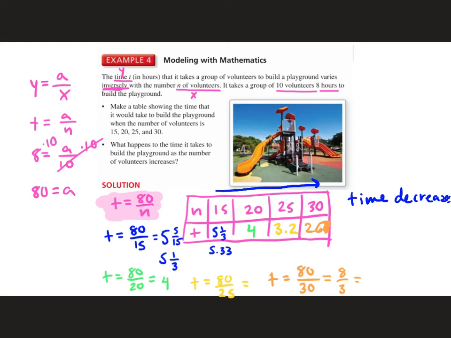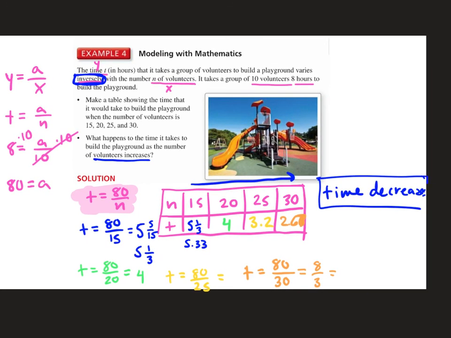So when something varies inversely, as one thing goes up, the other one goes down. That's just the definition of inverse variation. So since the volunteers is increasing and it varies inversely, time decreases. We could tell that without even doing all that math, just because it told us that it varies inversely.